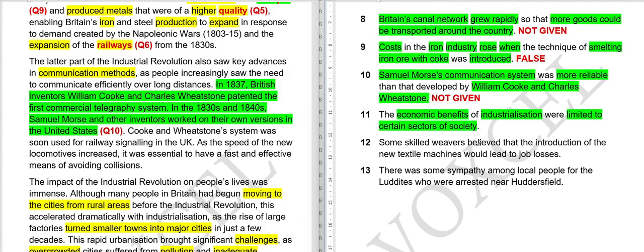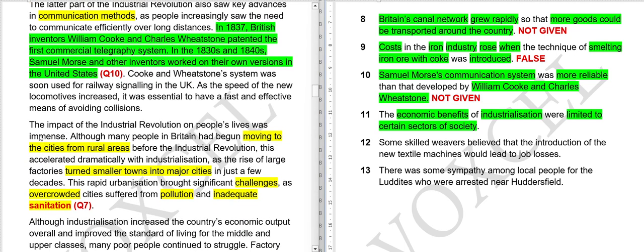The benefits were limited to a particular section of society. Whatever sections they have divided society into, only one or some sections were able to take advantage of industrialization, and other sections were deprived of these benefits.